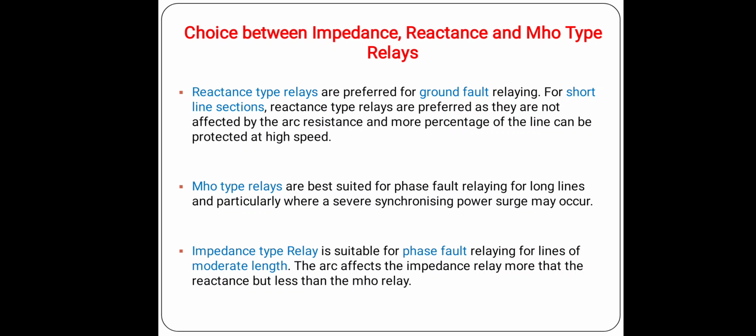For short line sections, reactance type relays are preferred as they are not affected by the arc resistance, and a greater percentage of the line can be protected at high speed. The only drawback of this type of relay is that it is likely to operate undesirably on severe synchronizing power swings at certain locations, unless additional relay equipment is provided.